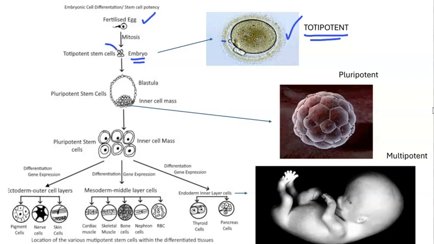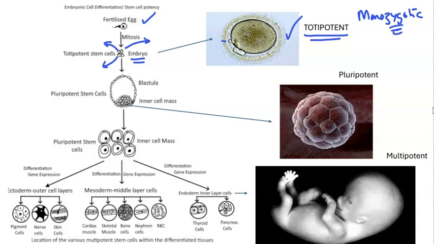And so we could take any one of these cells away and it would continue its own path of cell division and specialization and differentiation and create individuals. And of course this is the basis of identical twins, what we call monozygotic twins, where they are genetically identical.